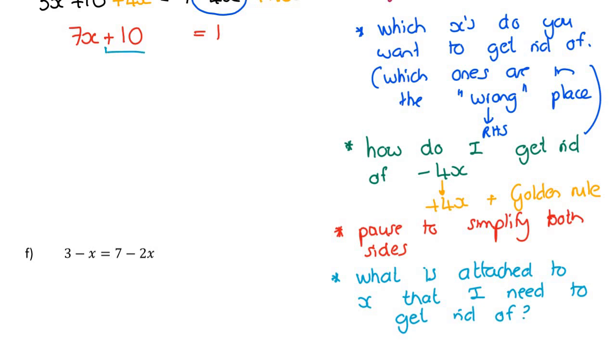So there's plus 10 and there's a 7. Now which one do I get rid of first? I'm not going to write down this note because hopefully we're quite good at it now. Always get rid of things furthest away from x first. So how do I get rid of adding 10? I need to subtract 10. So subtract 10, but what you do to one side, you do to the other side.